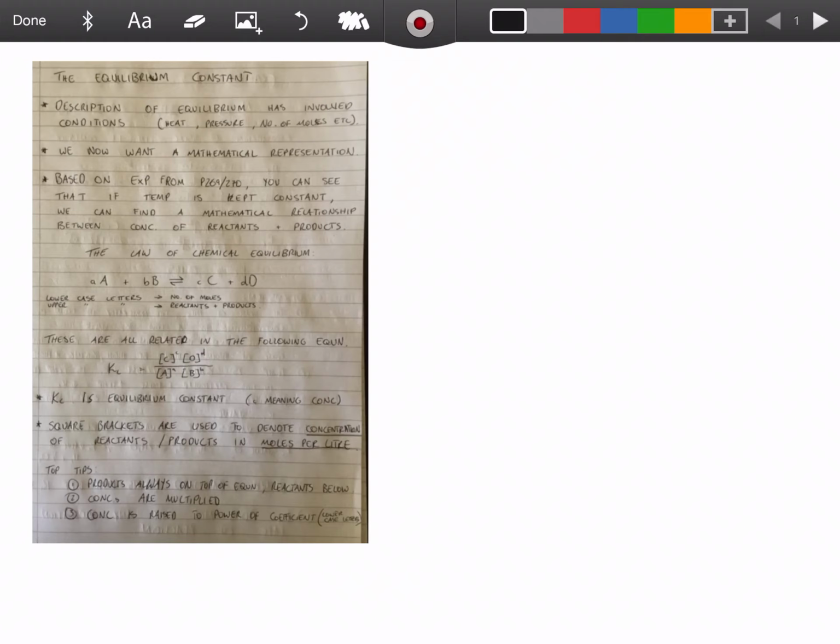Okay, so you can see the formula there, and how that ties in. So it's small a, big A, small b, big B, small c, big C, small d, big D. Lowercase letters represent the number of moles. So you know when we're doing any kind of chemical formula, if you write 2CO2, for example, we know that we've got 2 moles of that.